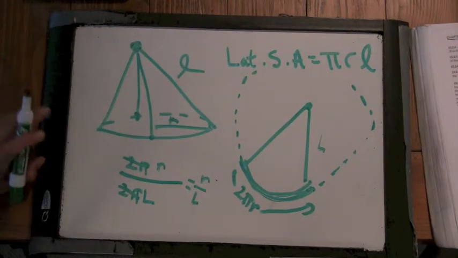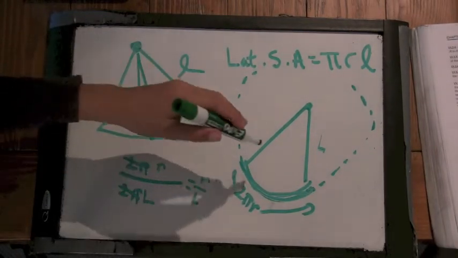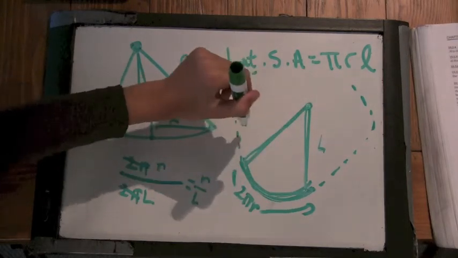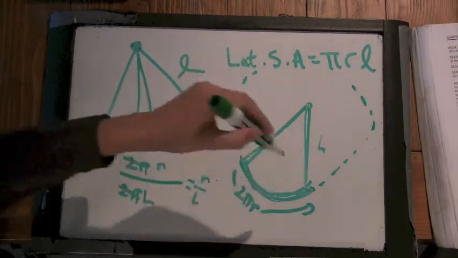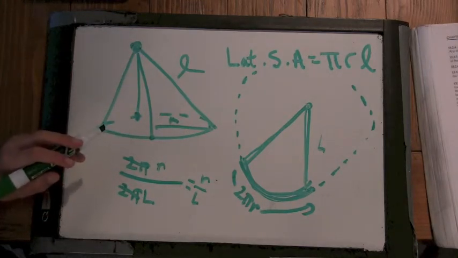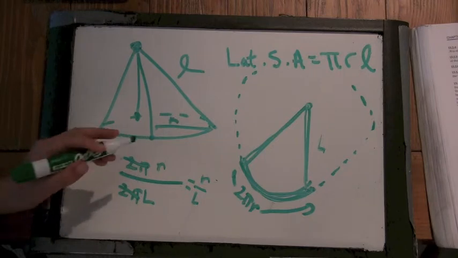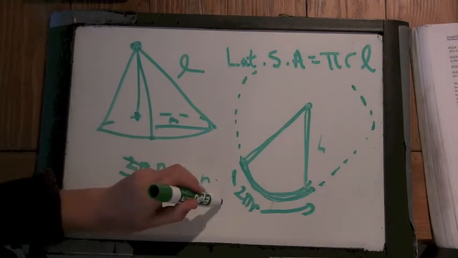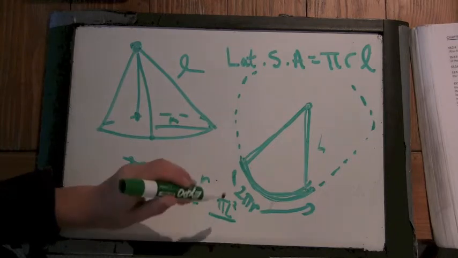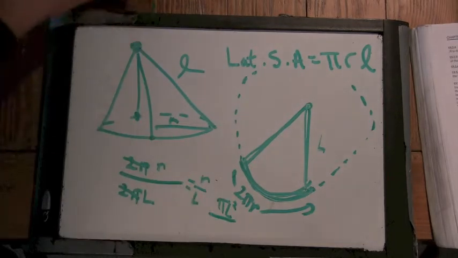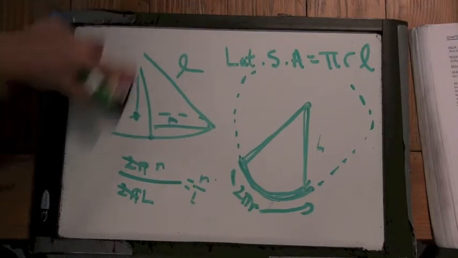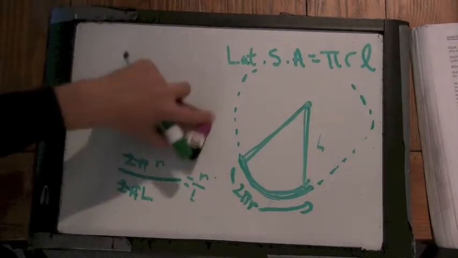So now we need to find the area of this, which is the lateral surface area. Well, it's pi L squared, and I don't have enough space to write this, so I'll erase the original cone.